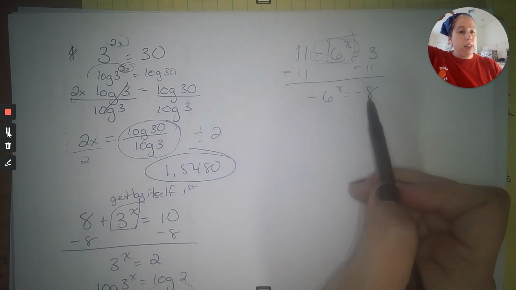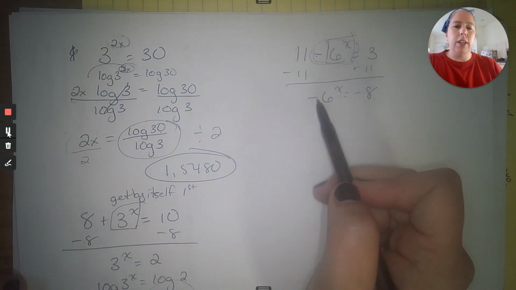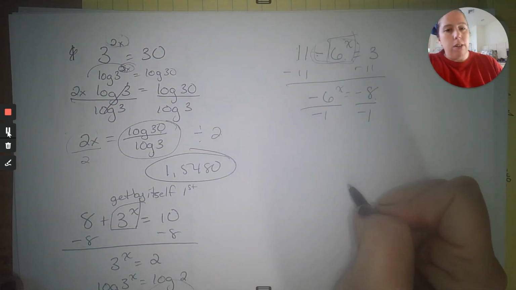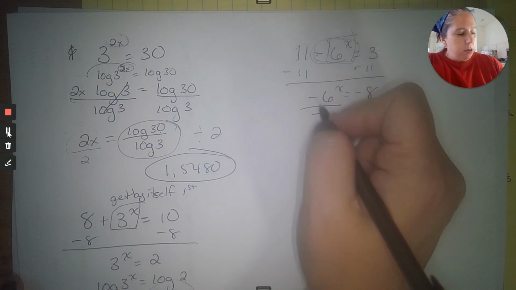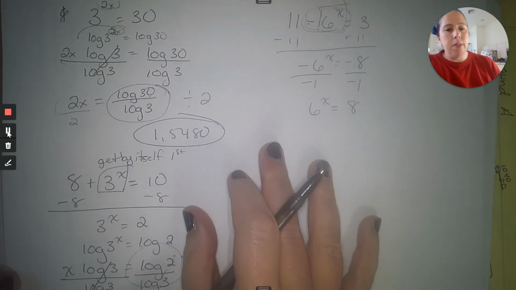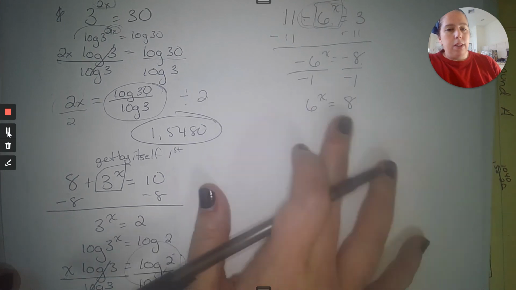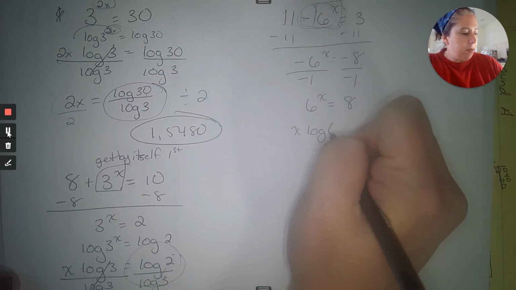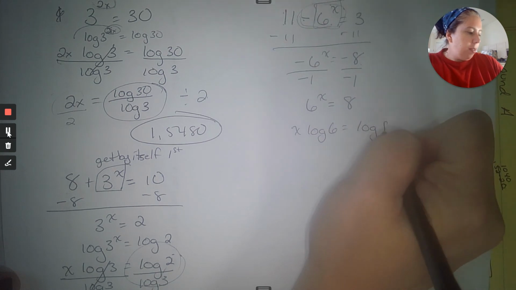Now, this is negative, right? Technically, this is not allowed to be negative. But if you notice, there's still a negative in front of here. So, guys, you're going to divide by negative 1. All right, so that's going to give me positive 6 to the x equals positive 8. All right, and then you're just going to solve. So we got x log 6 equals log 8.